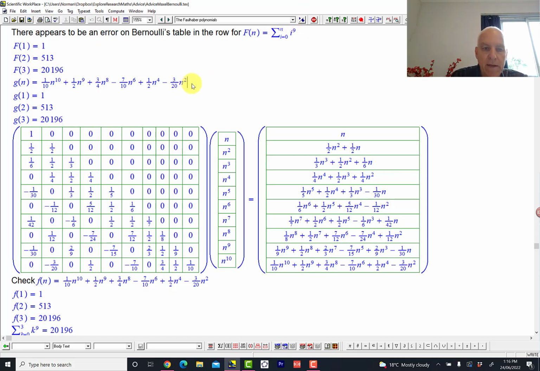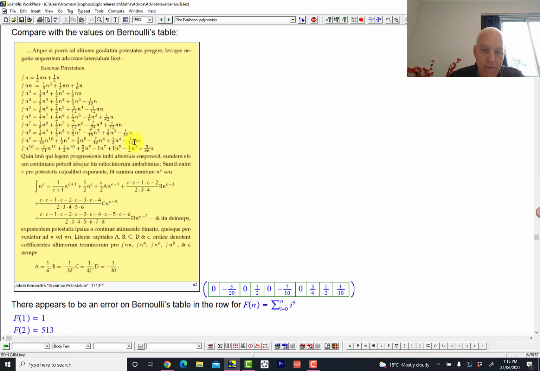So that's telling me that the formula that I've obtained from this linear algebra point of view with the -3/20 here is actually correct. And if we replace this -3/20 with Bernoulli's -1/12, we're going to get the wrong formula.